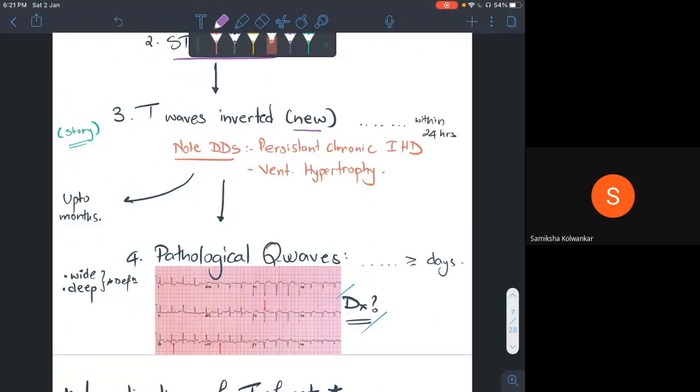So this can also occur in persistent IHD and ventricular hypertrophy, but you should always be cautious if somebody is telling you that they had chest pain. You can see that he has a previous ECG, probably that was for acidity, but now he's come in with chest pain again, or maybe he had chest pain a while ago, and now you take an ECG, you see that there's an inverted T wave which was not there before.